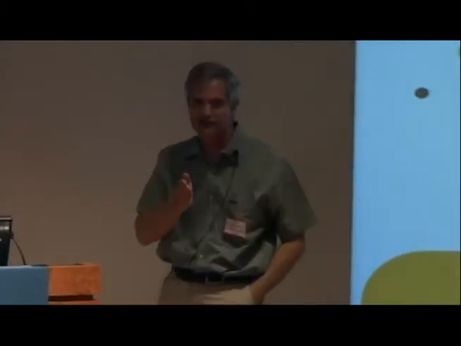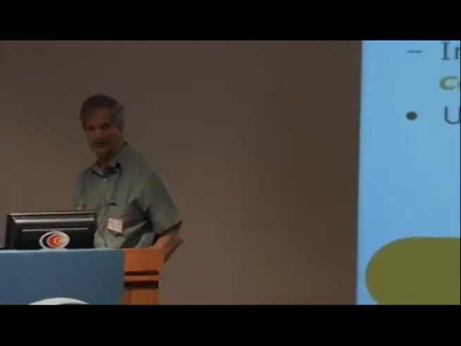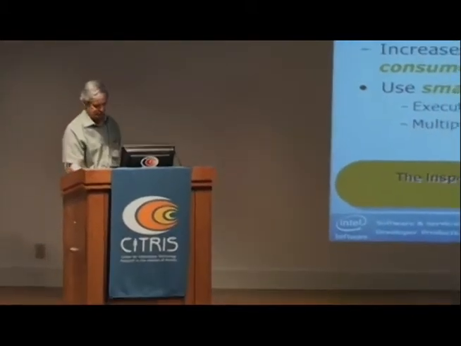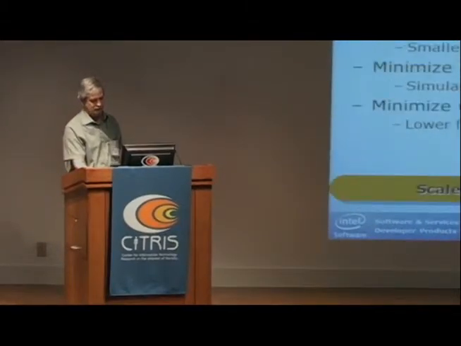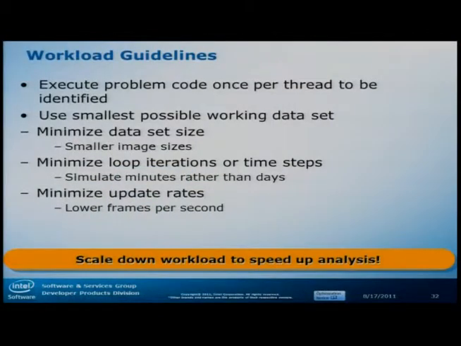As long as we can get to a code path, we can do analysis of it. So that's a key point here. Again, this is about trying to keep the amount of execution time to a reasonable minimum.